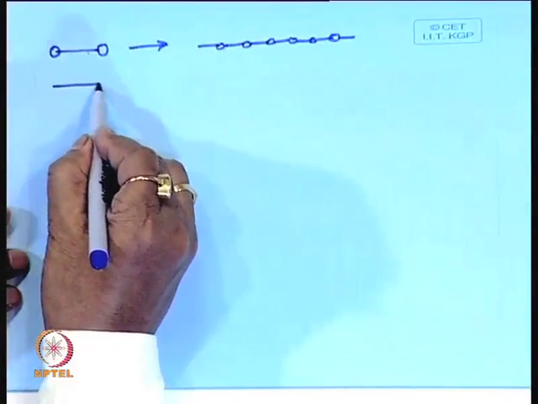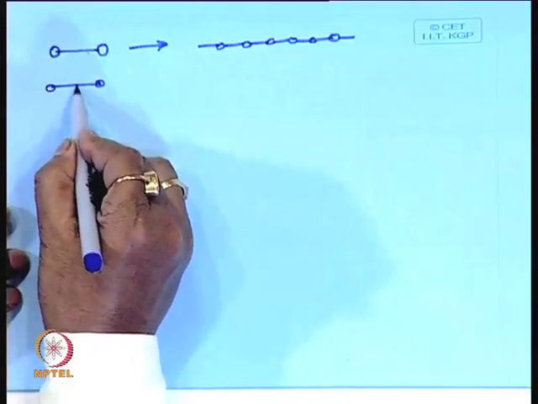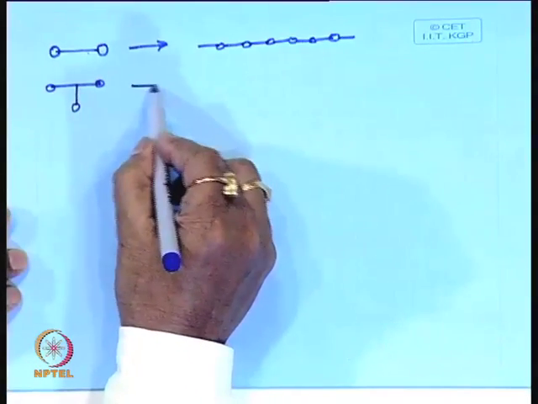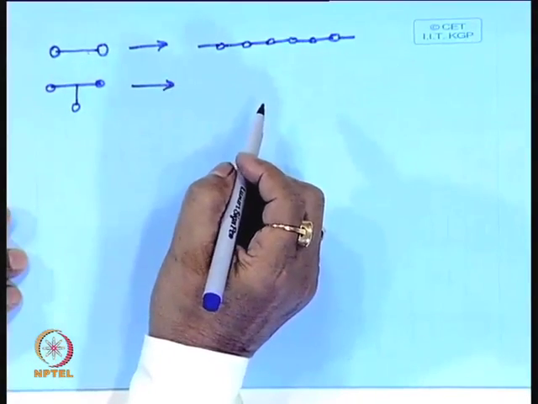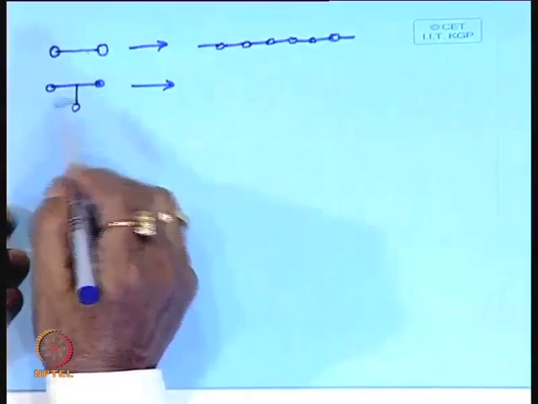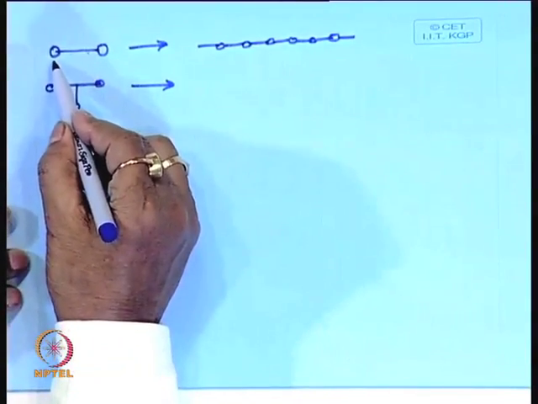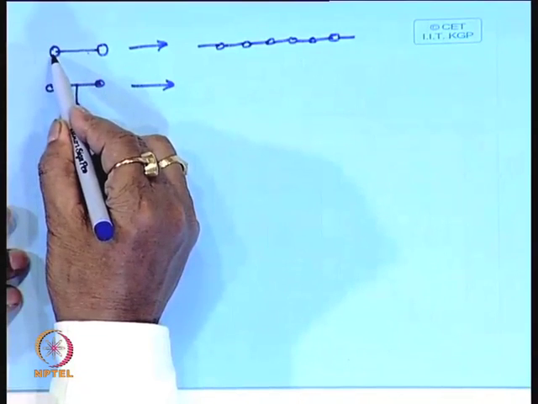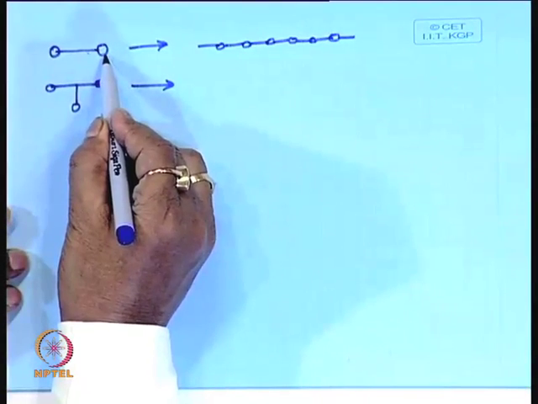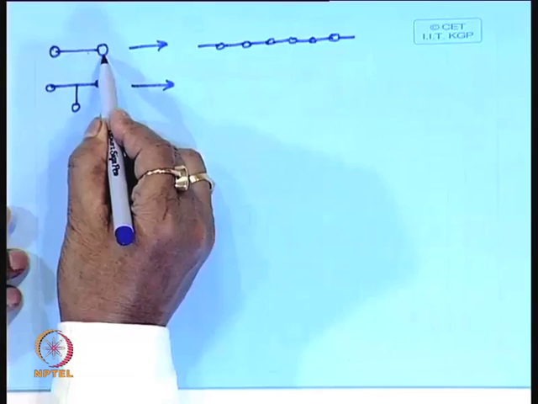Or you can have a molecule like this, where all are reactive. Of course, the nature of this functional group is different from the nature of this functional group, otherwise it can react.